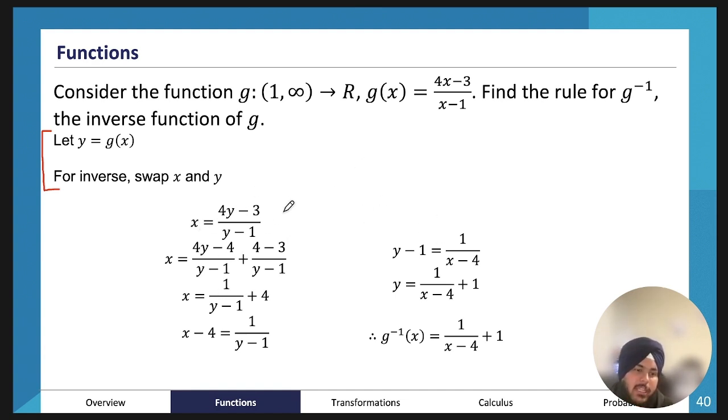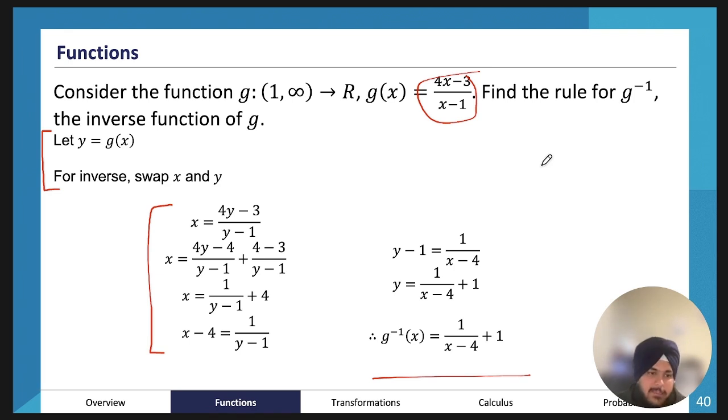Here I've actually written down what I've done to solve this question and get to the final answer. First we have x equals (4y minus 3) over (y minus 1), so I've swapped the x and y variables. Alternatively, you could have simplified this expression first before swapping x and y.